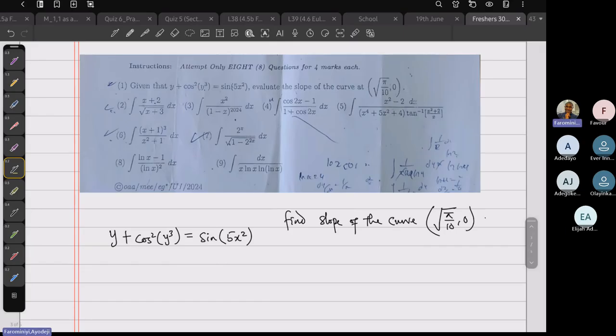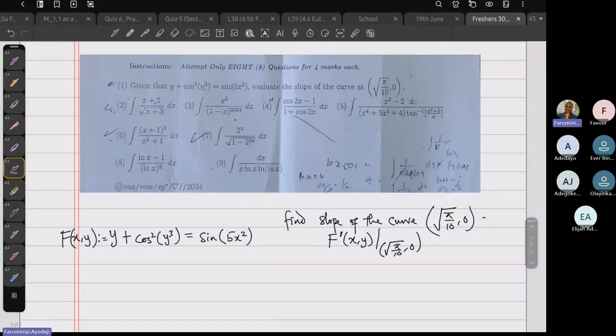So the slope of the curve, this function here represents a curve. The slope of the curve is simply the derivative of the curve. So if we call this capital F of x comma y, the slope of the curve is the derivative of the curve evaluated at a particular point. So in this case, it's evaluated at square root of pi over 10, 0.